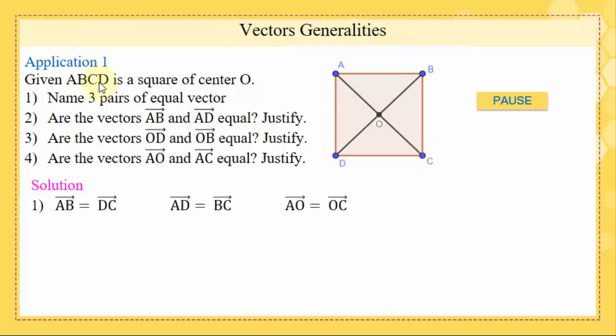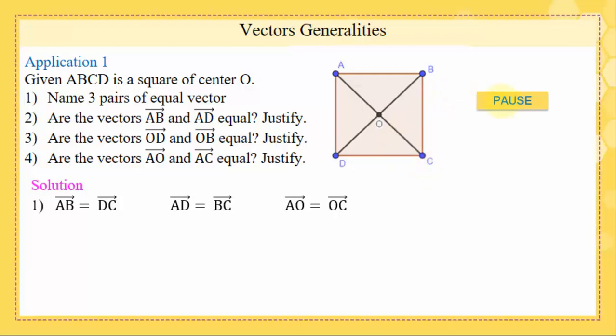We can say that vector AB is equal to vector DC. Since they are on parallel lines, they have same direction, same sense, and same magnitude. Also vector AD and vector BC, they also have same direction, sense, and magnitude.